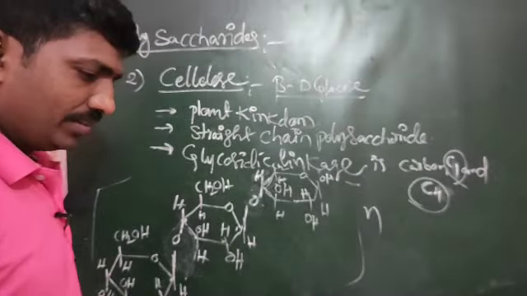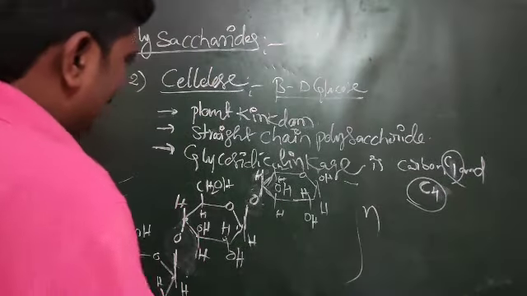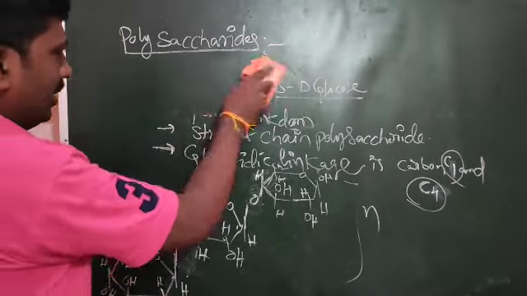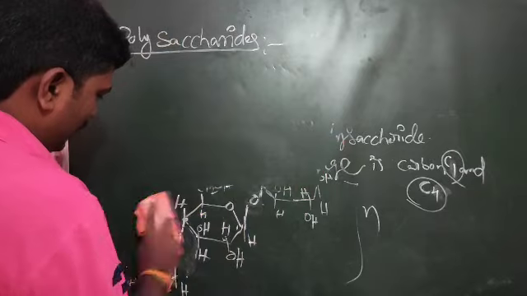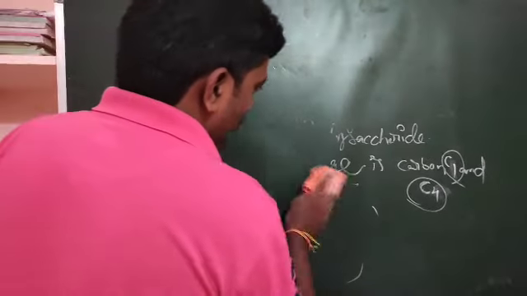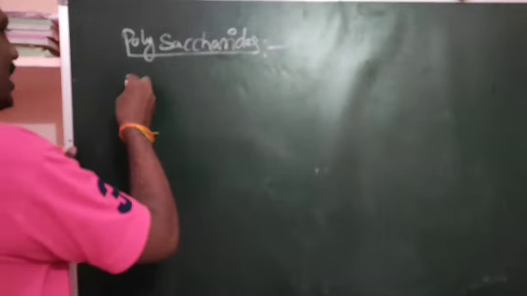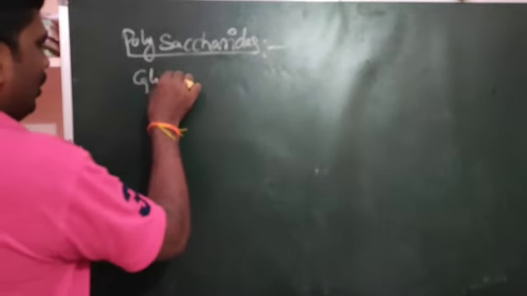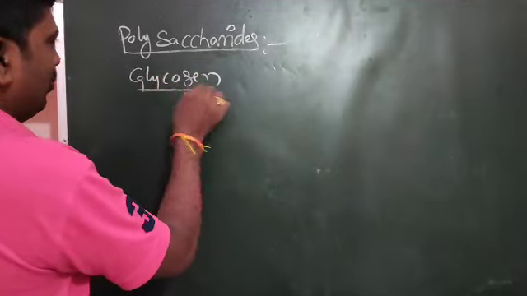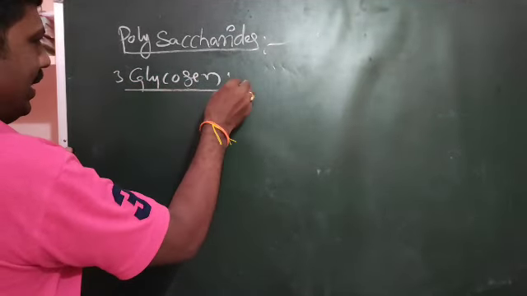Next, the third one, glycogen. How does glycogen form? Glycogen is also called animal starch. The third polysaccharide is glycogen.